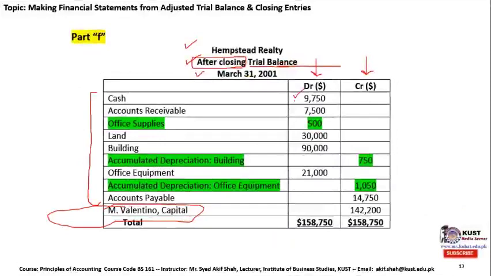As for the cash, accounts receivable, office supplies, land, building, then accumulated depreciation building, office equipment, and finally accumulated depreciation office equipment, our one and only liability $14,750, and finally this M. Valentino capital, which is a point to be noted by the student, is to be selected from the statement of owner's equity, not from the adjusted trial balance.